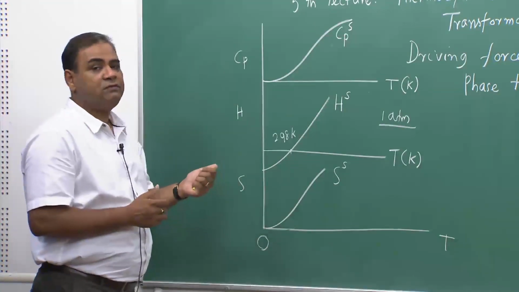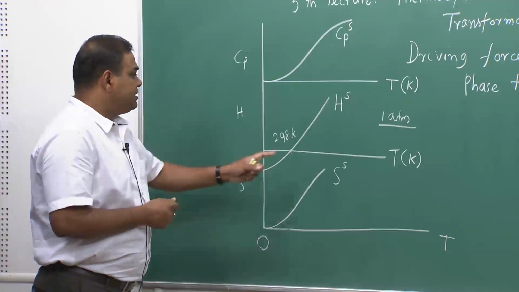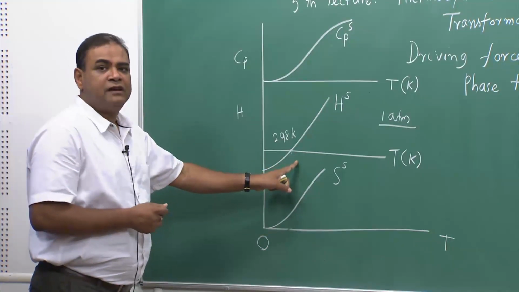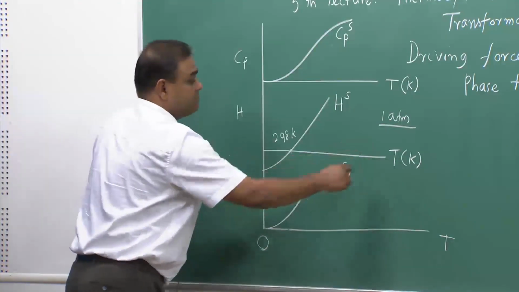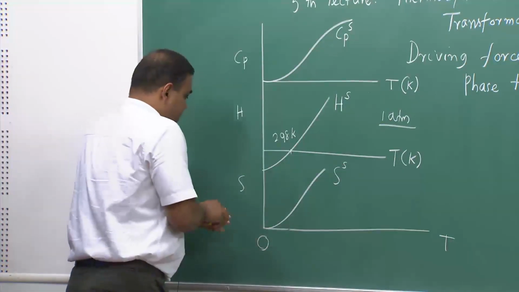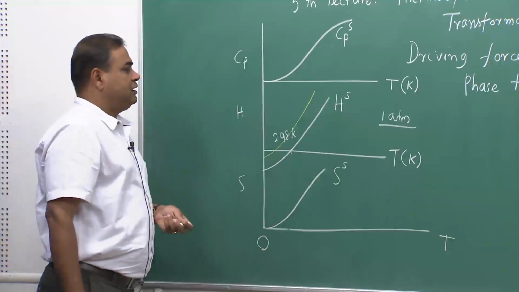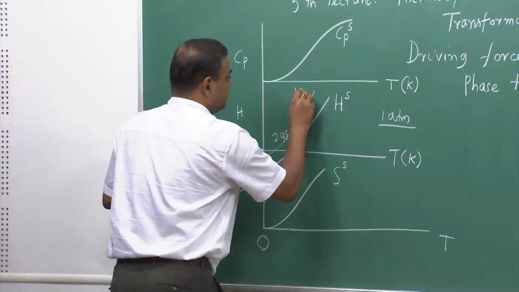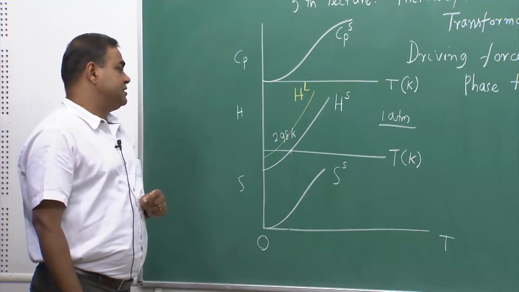So, if the Cp of liquid is higher than solid Cp, then the enthalpy of that liquid of that pure substance would also be higher over the entire temperature range. So, now I can draw the enthalpy of liquid as the yellow line which tells me the enthalpy of liquid.